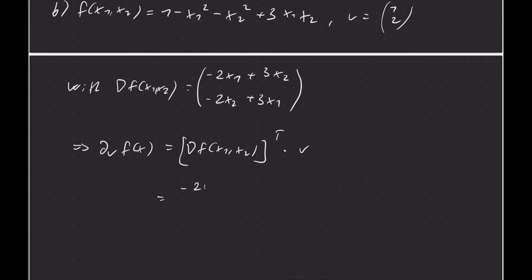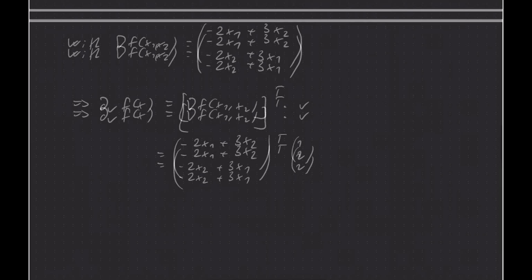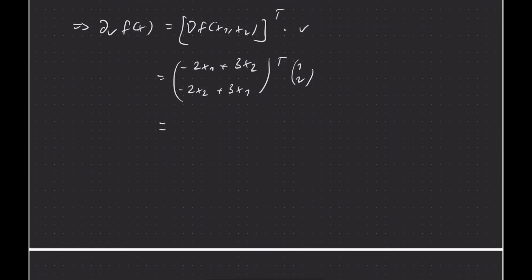So (minus 2x1 plus 3x2, minus 2x2 plus 3x1) transposed times (1, 2). So in this case, that comes out as minus 2x1 plus 3x2 minus 4x2 plus 6x1, or that's 4x1 minus x2.